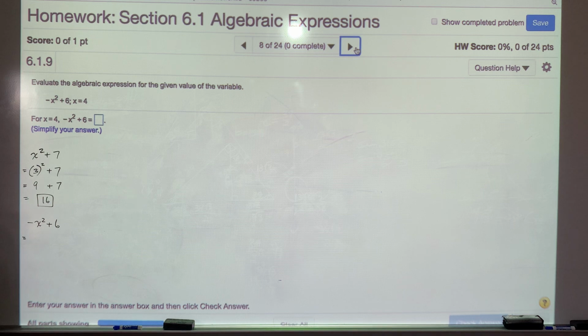Now, one of the things I talked about and really emphasized in the previous section, and opened this section up with in the previous problem, is that when we substitute, we will always use parentheses. And that's very important in this problem, because if you fail to use parentheses properly, you are probably going to get this question wrong. Now, look at this right here.